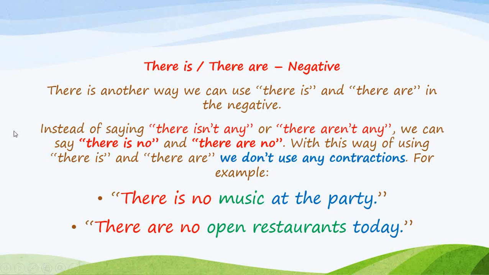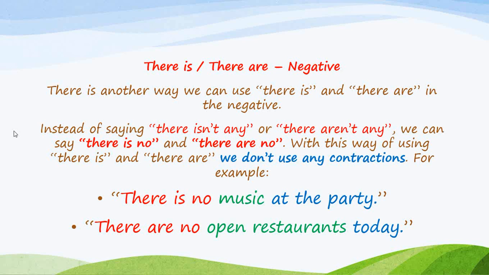Now we have another way to express ourselves with the phrases there is and there are. Instead of saying there isn't any or there aren't any, we can say there is no or there are no. With this way of using there is and there are, we don't use any contractions.